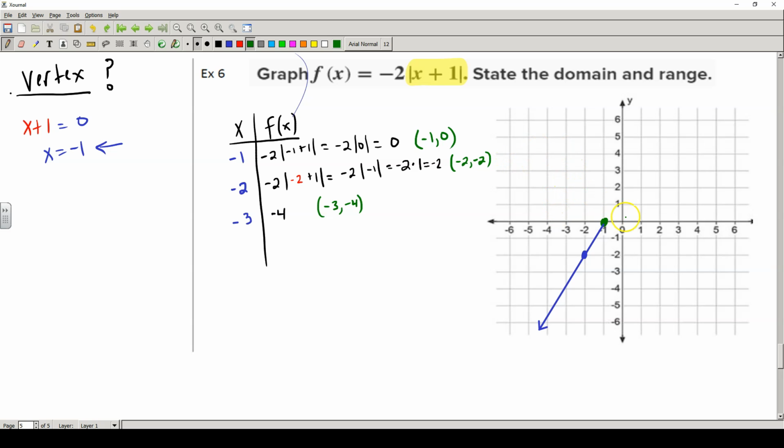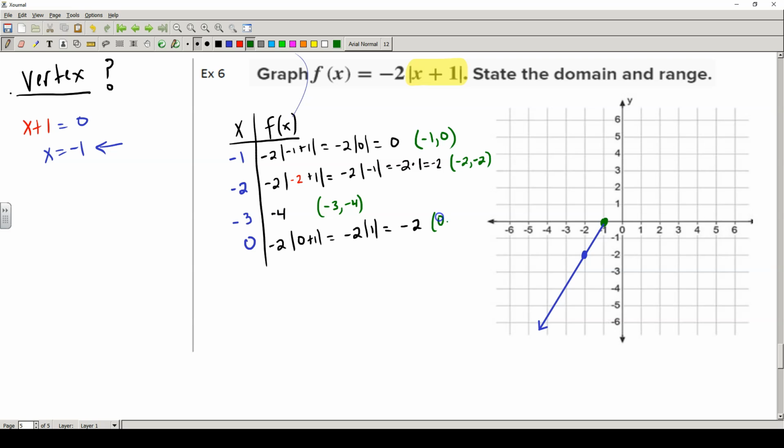Now we can also plug in values to the right or the other side of the vertex. So what happens if we were to plug in our next x value, which is 0? Plug in 0 there. We would get -2 times the absolute value of 0 plus 1, which is -2 times the absolute value of 1, which is also -2 as an output. Remember, the absolute value function is just taking whatever value is inside of it and making it positive.